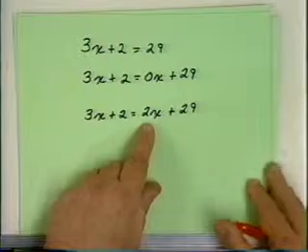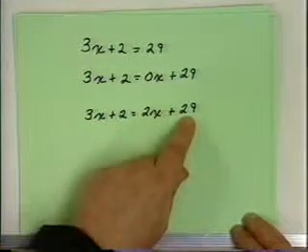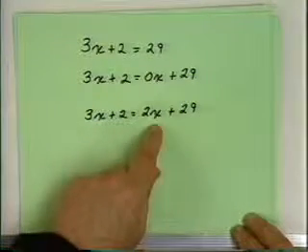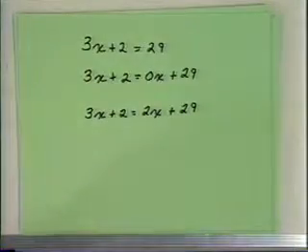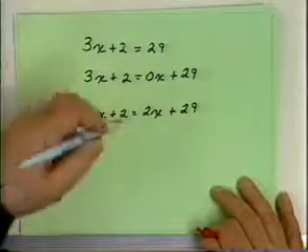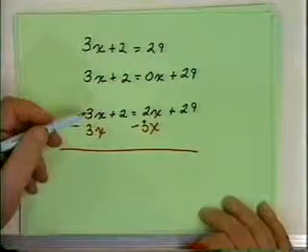I could also have said, look, the 2x is being added to the 29. To undo adding 2x, I can subtract 2x. And if I subtract 2x from one side, I'll also subtract 2x from the other side. My feeling is, I like to avoid negative numbers if I can, because there's just enough things that happen with negative numbers that can make you make careless mistakes.